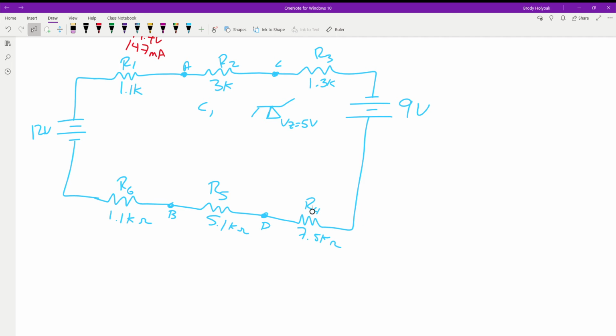Okay, so the first thing we need to figure out is what is the total voltage and the total resistance of this circuit at this point. These two power supplies, are they series aiding, series opposing, parallel aiding, parallel opposing? Series aiding, okay? So we're going to end up with 21 volts.